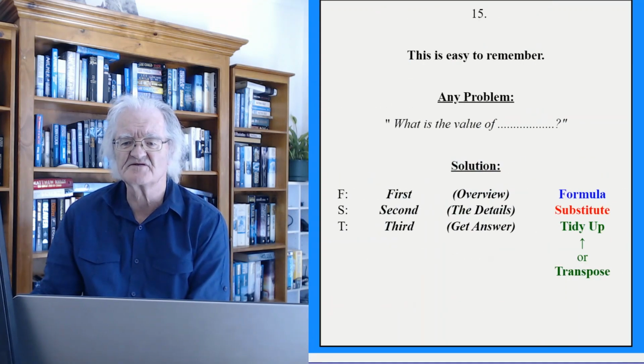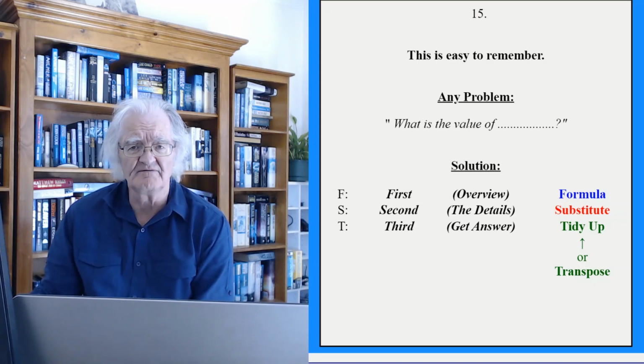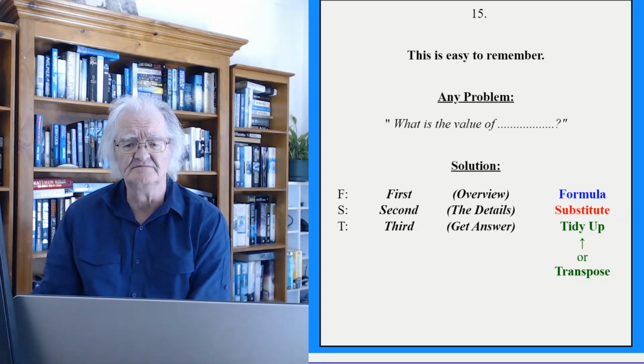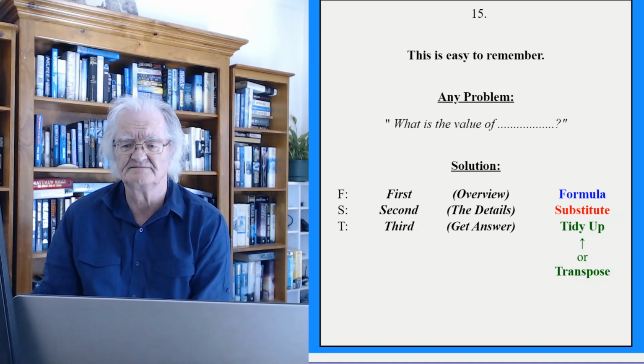This is easy to remember. Any problem, what is the value of, shares the solution. First step, an overview given by the formula. Second step, the specific details which are substituted. Third step, get an answer.